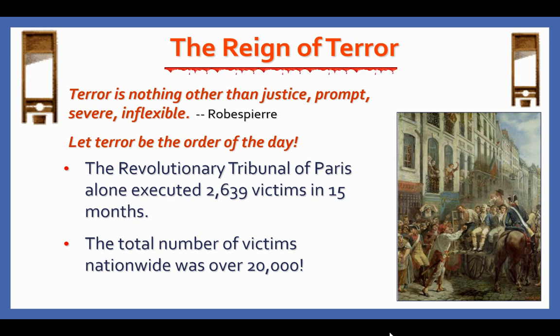Part of the people executed was the king and Marie Antoinette. It is important that you understand this. What's happening in the French Revolution is people can't agree on what the change should be. And in this phase of the revolution, those who wanted a republic are in power.